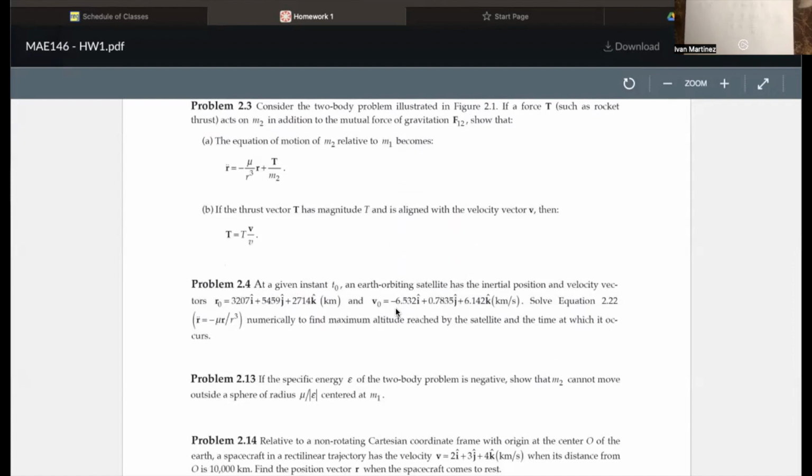And then it's asking you to solve the regular two-body equation numerically and find the maximum altitude and the time at which the maximum altitude occurs. So let's do that.